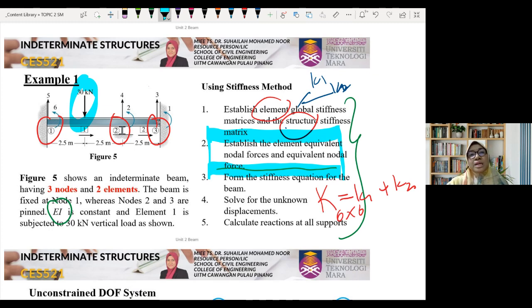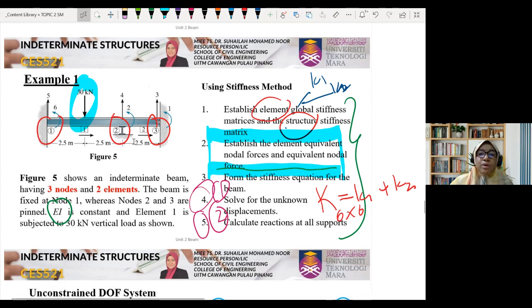So this one we need to analyze using fixed end action that I have explained to you just now. Then only can we form the stiffness equation for the beam and solve for the unknown displacement in the unconstrained system. Number 4 is the first output, and number 5 is the second output, which is the unknown reaction.